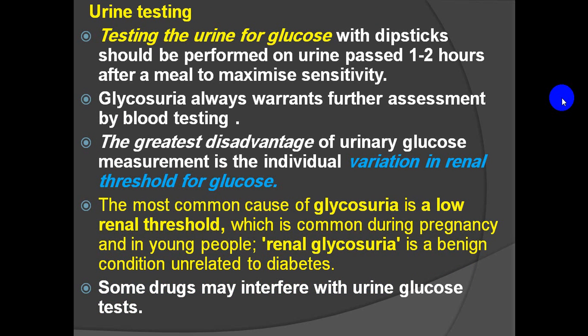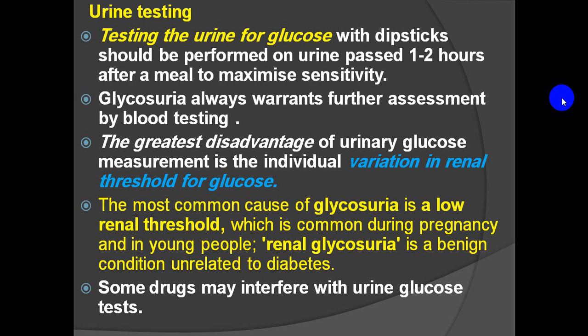Also, one of the important investigations that we used to do for diabetic patients is urine testing. And usually we test the urine for glucose, also by dipsticks. And the presence of glucose in urine is called glycosuria.